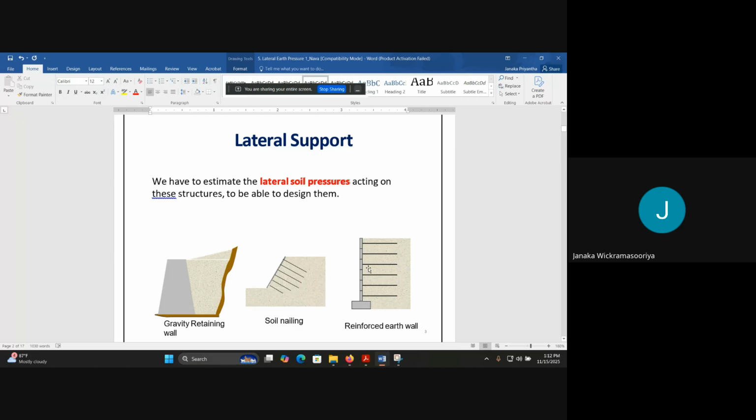And in a reinforced earth wall, the lateral forces will be resisted by these reinforcements. Right? We have to design these reinforcements so that the structure can withstand the lateral forces.